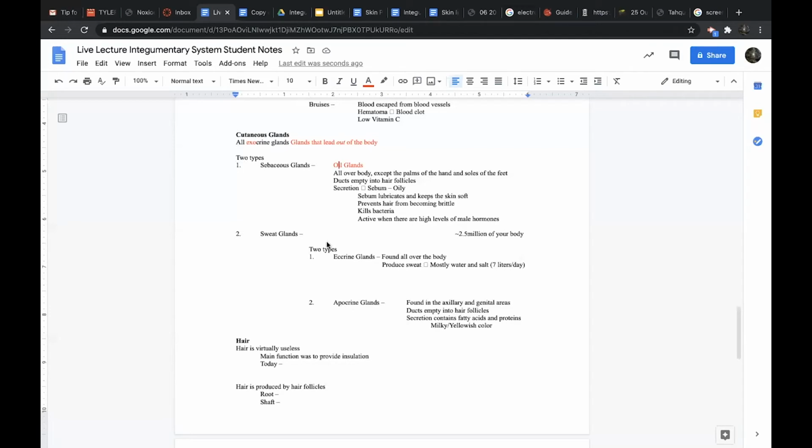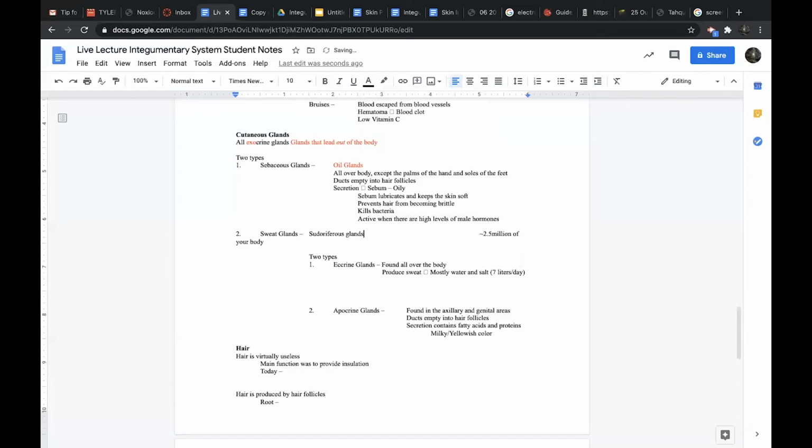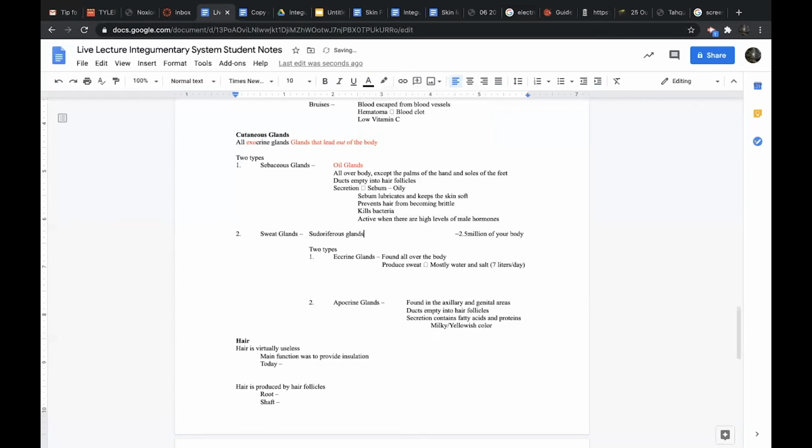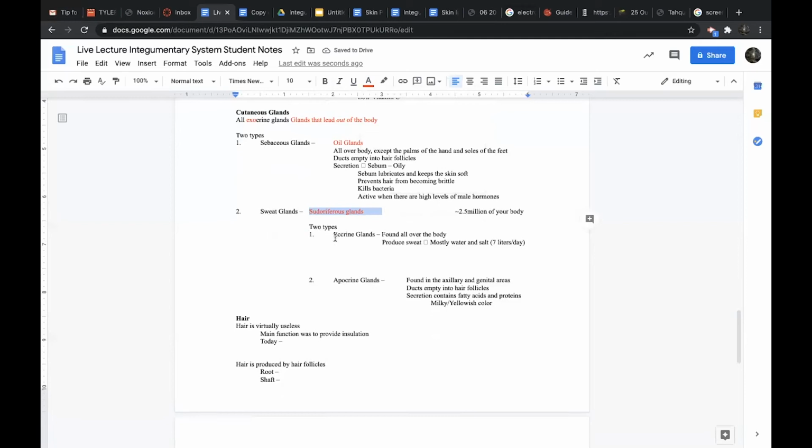Okay, sweat glands. These are called sudoriferous glands. Okay, and of these you have about 2.5 million. There are two types of sweat glands. We have eccrine sweat glands, which are found all over the body.